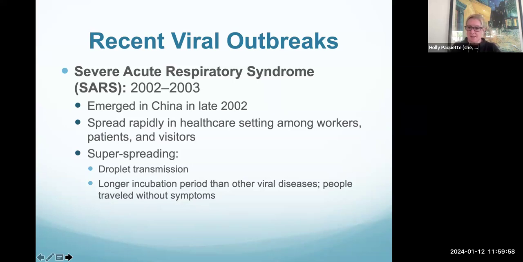In this case, it had a slightly different transmission than what we see with SARS-CoV-2 that we're dealing with now. This one was droplet transmission, so it was not airborne, but it did have something that we see with SARS-CoV-2, which is a longer incubation period than many other viral diseases, which meant people were traveling before their symptoms arose, and so they were able to spread it further because they were asymptomatic or did not have symptoms.